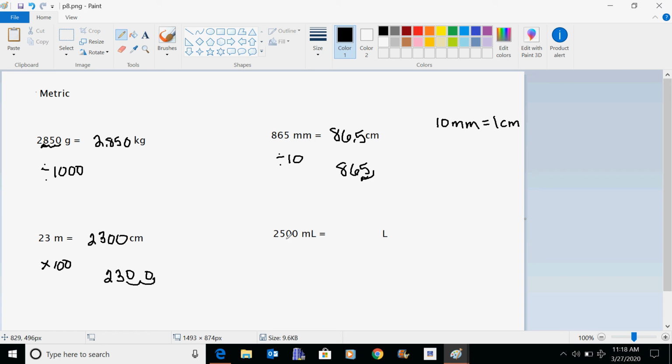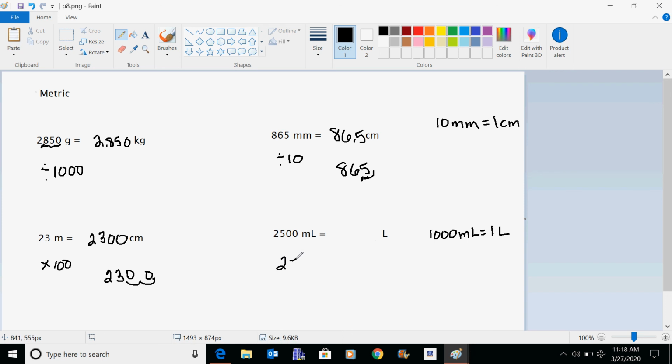And then over here, we have 2,500 milliliters. Remember, milli is another one that means 1,000. There are 1,000 milliliters in 1 liter. So the thing we need to think about is whether we're going to multiply or divide. The milliliters are the little ones because there's 1,000 of them in one of these. So that means that we're expecting there to be fewer liters.